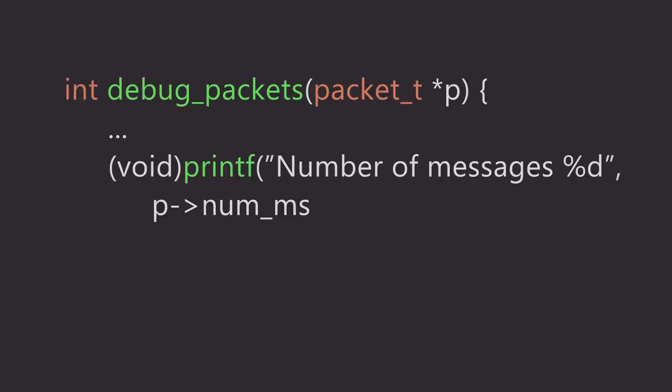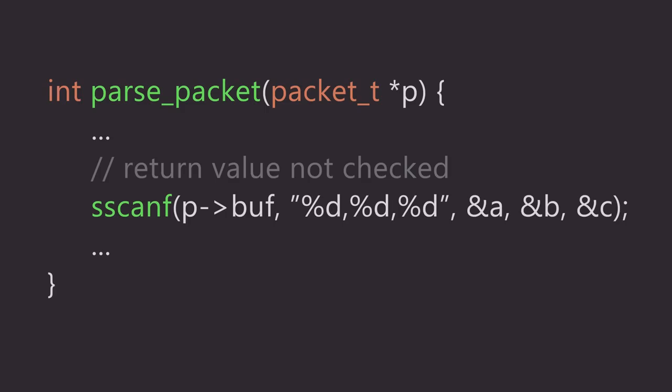To make sure that the person auditing the code understands that the developer meant to ignore the return value, the Power of 10 says that we should explicitly cast all ignored return values to a void type. If a non-void function's return value is not cast to void, this means that the developer forgot to check the return value and it should be brought up in a code review.